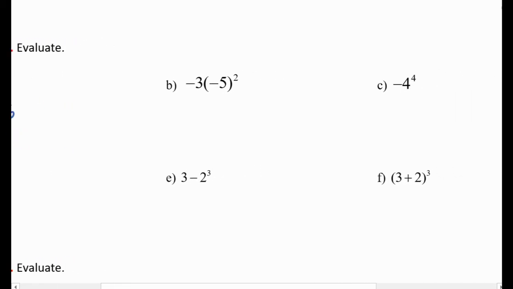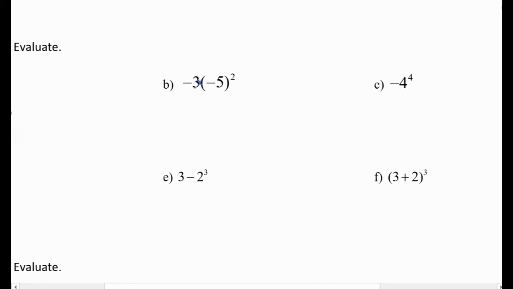Next question. Again, multiplication is hiding here, but we have to do the exponent first. So look at this. Bracket and exponent. Directly in front of the exponent, you have the bracket. And you have a negative sign inside of the bracket. Then negative 5 times negative 5, because you have to repeat multiplying the bracket twice. Negative 5 times negative 5 is positive 25.